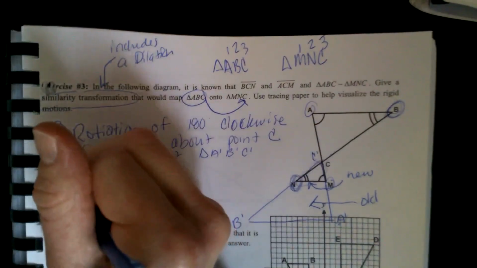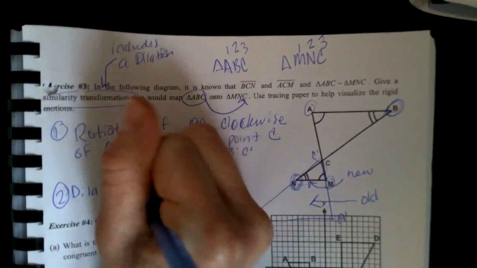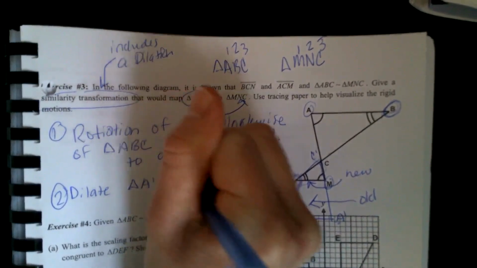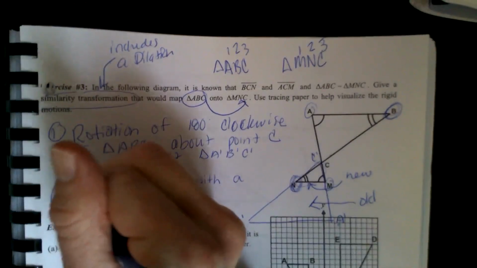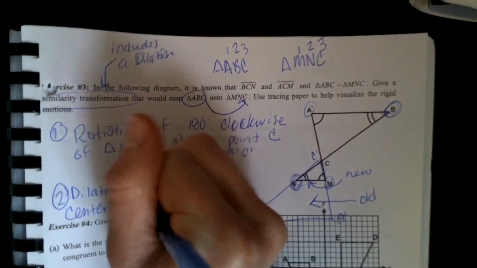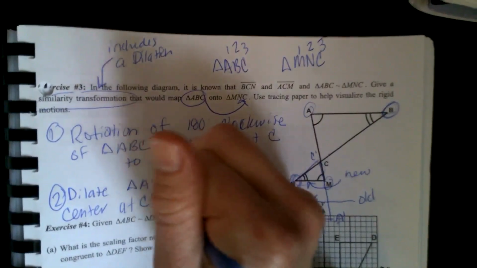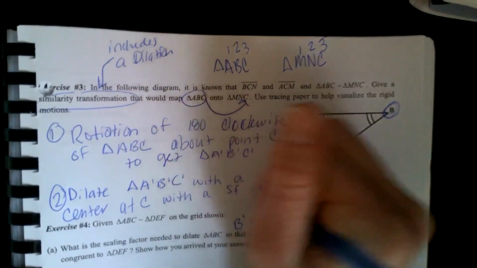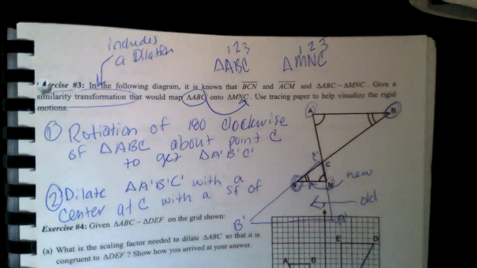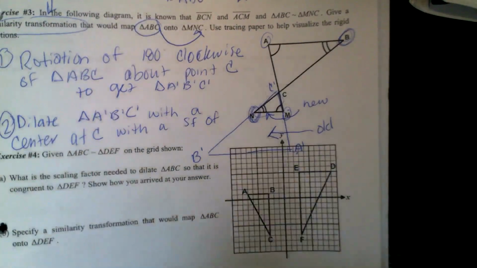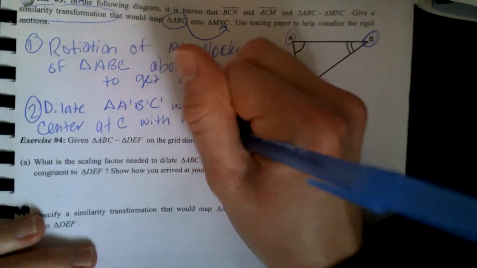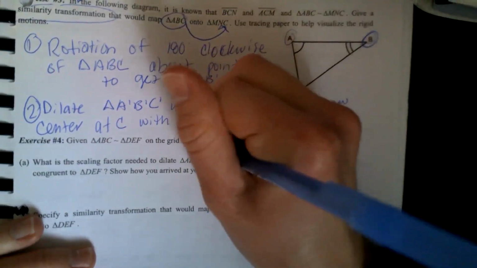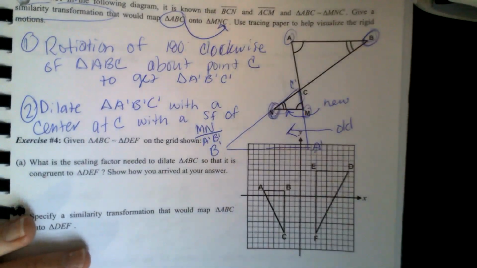So now what we are doing is we are dilating triangle A prime, B prime, C prime with a center at C, with a scale factor of, now again, there's 3 different ways that we can describe our scale factor. I'm going to say a scale factor of MN over A prime B prime. Okay.